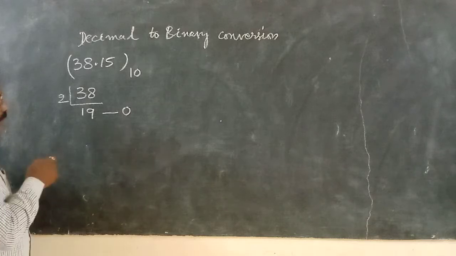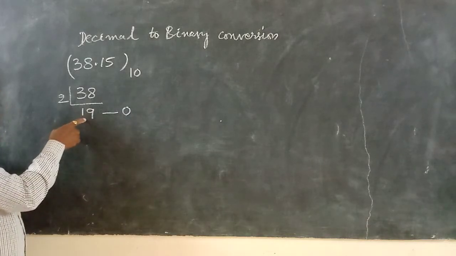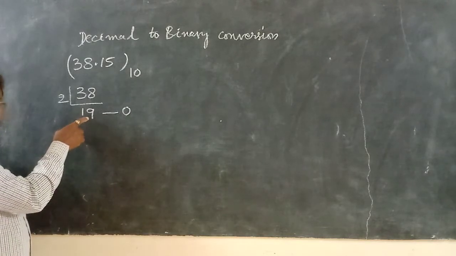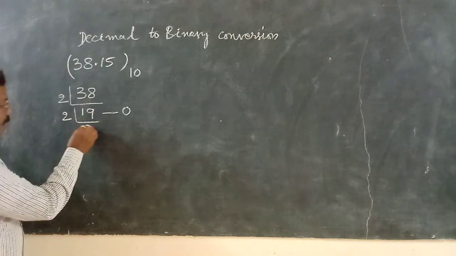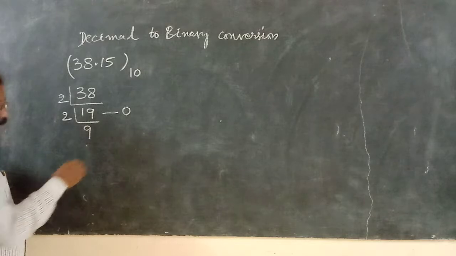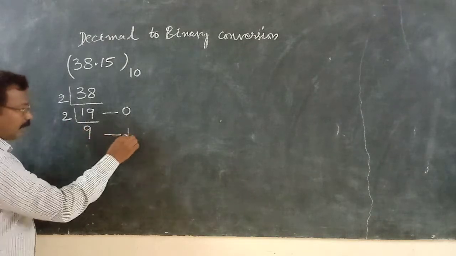Now again you have to divide this quotient with 2. 9 twos are 18 and the remainder is 1.